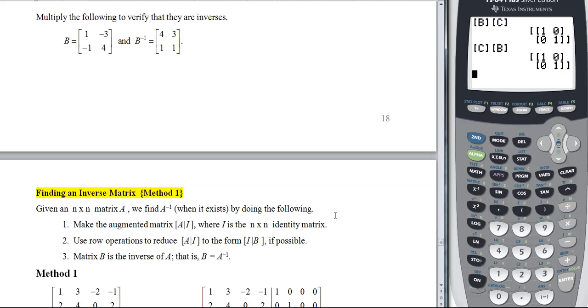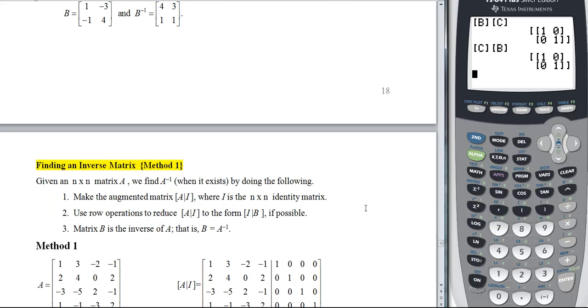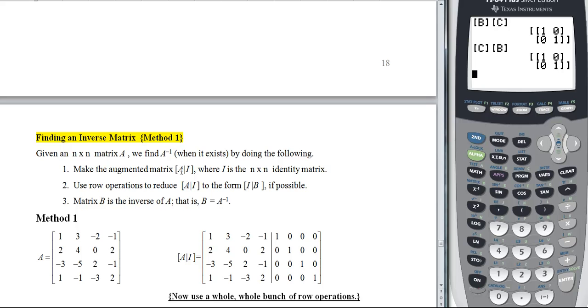Here's method 1. If I'm given a square matrix, we find A inverse, when it exists, by doing the following. Make the augmented matrix A, with a vertical line, and the identity, where the identity is an n by n identity matrix.